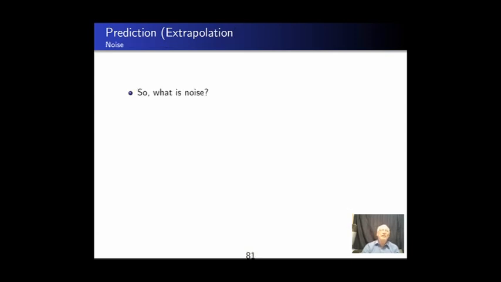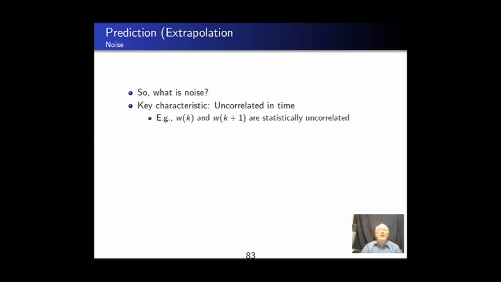So what is noise? What do we mean by noise? Well, its key characteristic is that it's uncorrelated in time. So w_k and w_{k+1} are statistically uncorrelated as random variables. It means you can't predict what the value of w_{k+1} is going to be from the value of w_k. It can only be characterized statistically.